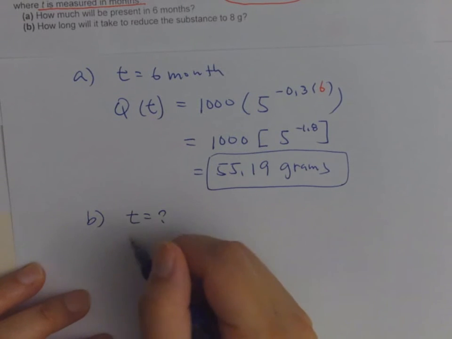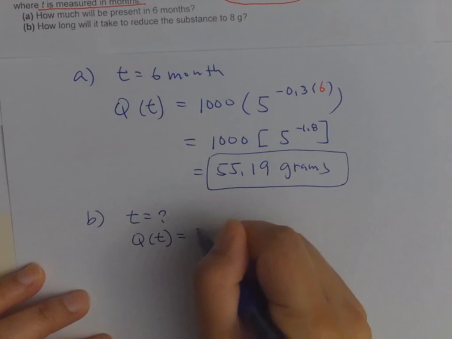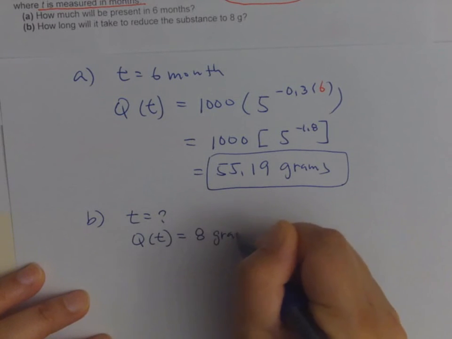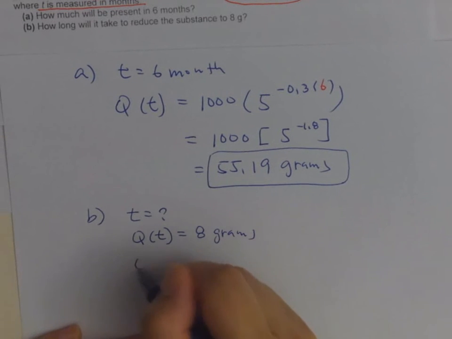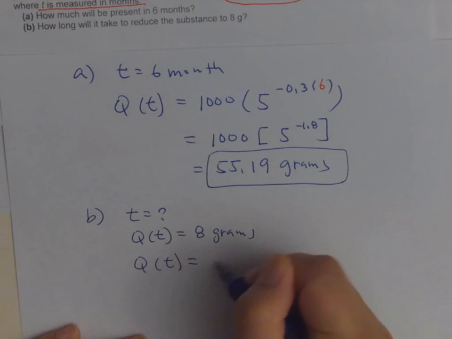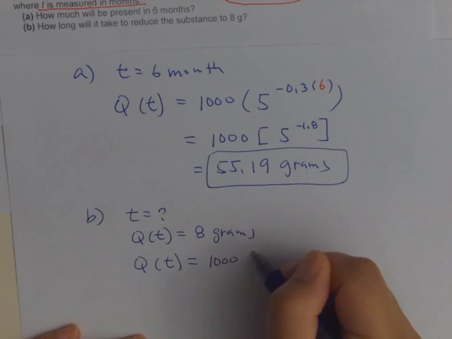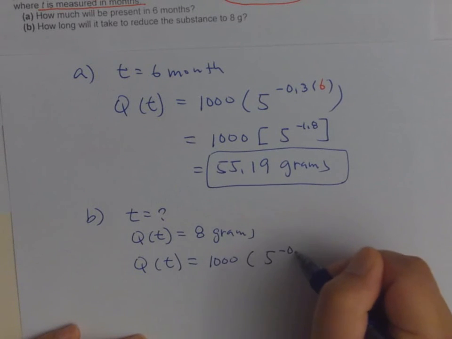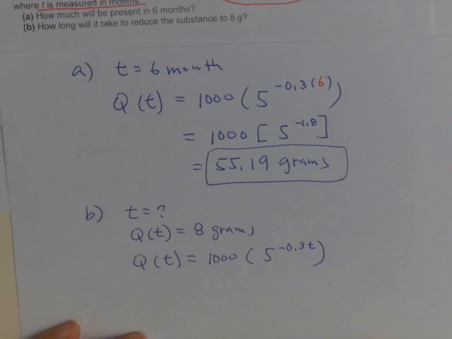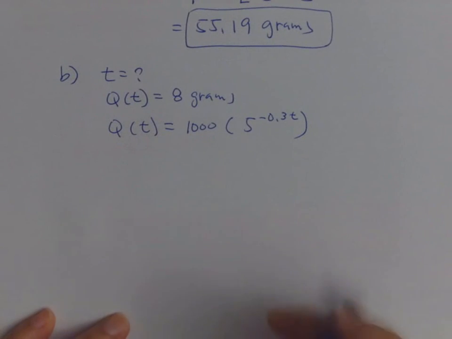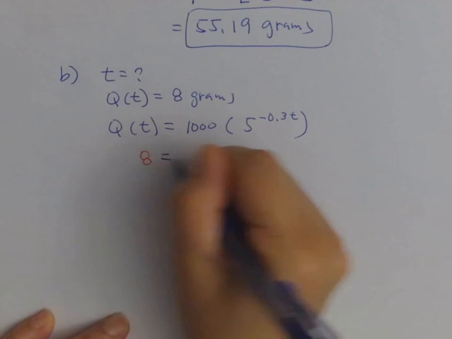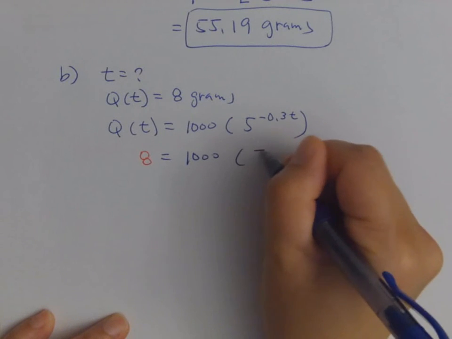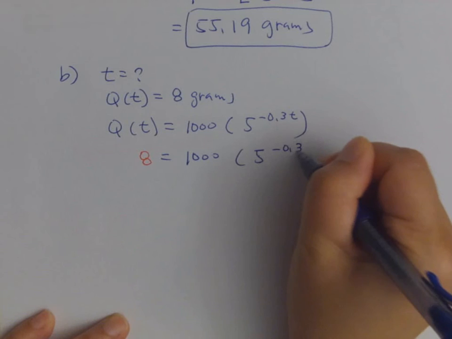Remember the function was Q of t equal to 1,000 times 5 raised to negative 0.3t, right? So we will replace Q of t with 8: 8 equals 1,000 times 5 to the negative 0.3t.